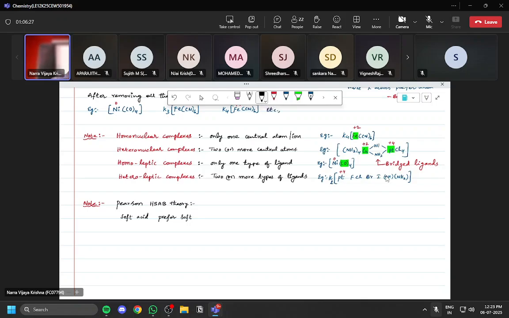Lewis acid means lone pair electron acceptor. Metals are lone pair electron acceptors, that's why I wrote soft metal, means soft acids, prefer soft bases. Hard acids prefer hard bases.